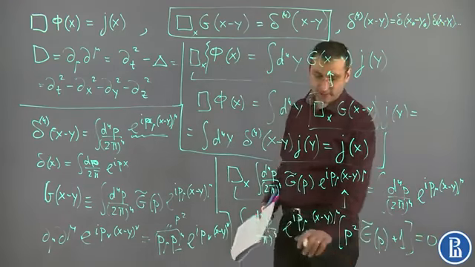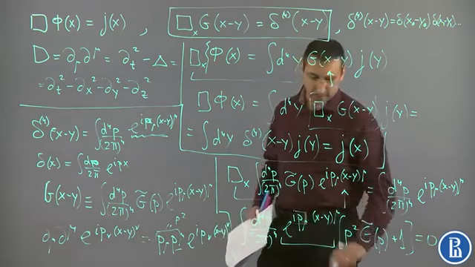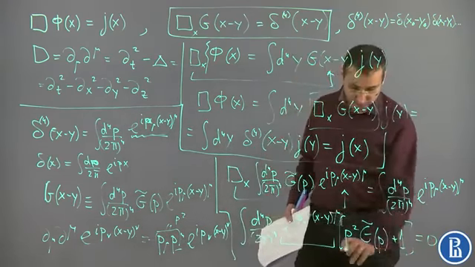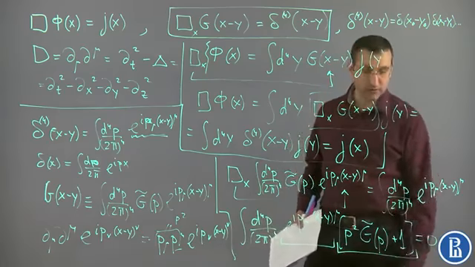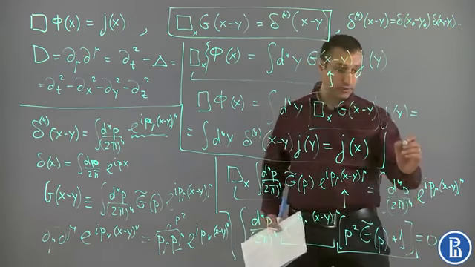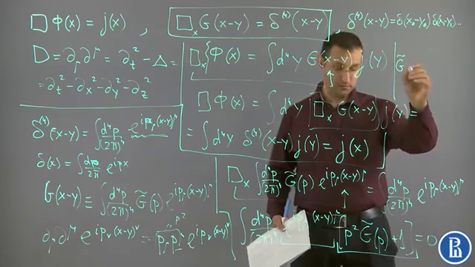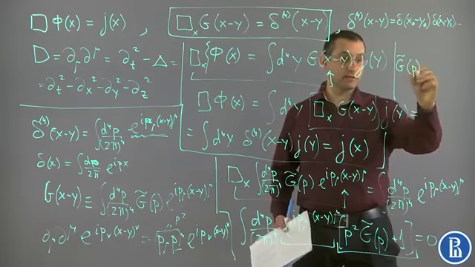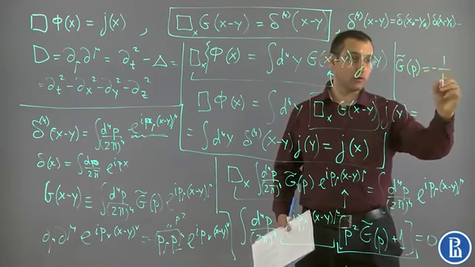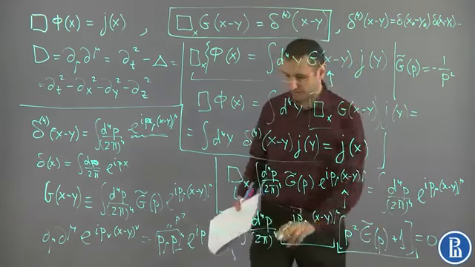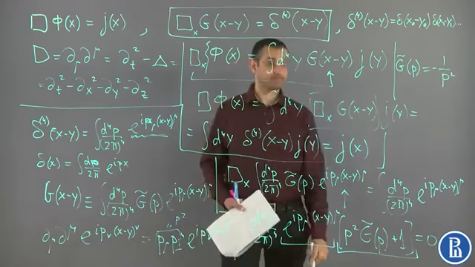Because this is the expansion in a complete basis of functions, this equals 0 only if the bracket equals 0. As a result, we obtain that g twiddle of p is equal to minus 1 over p squared. Here p squared is p mu times p mu.